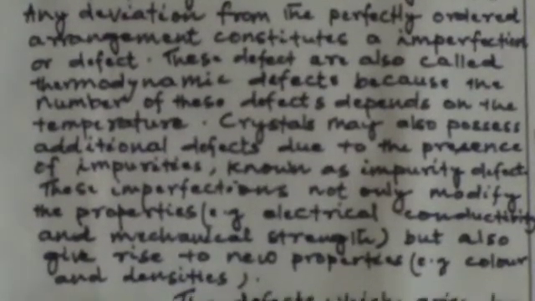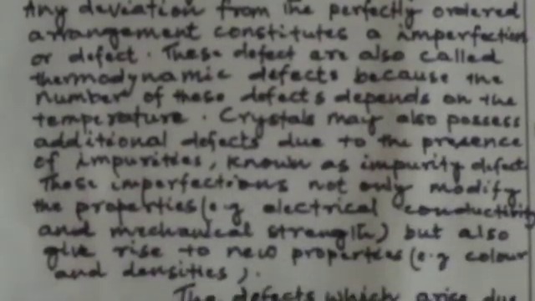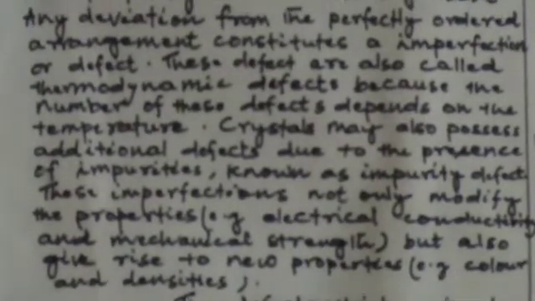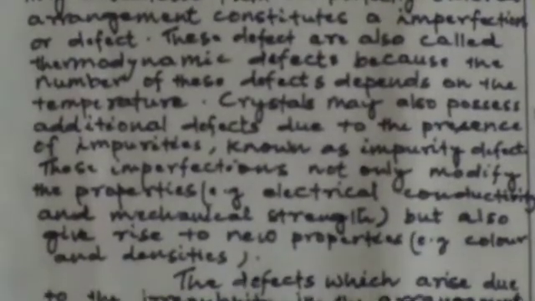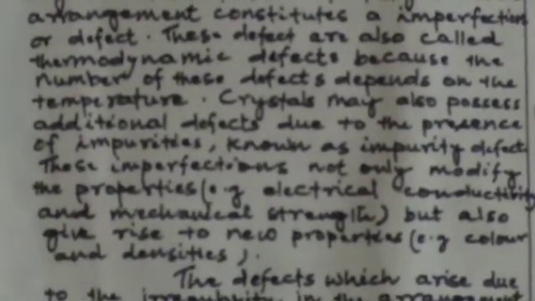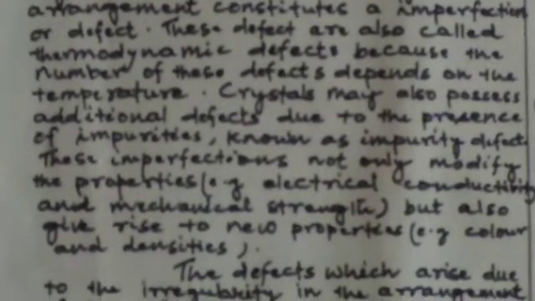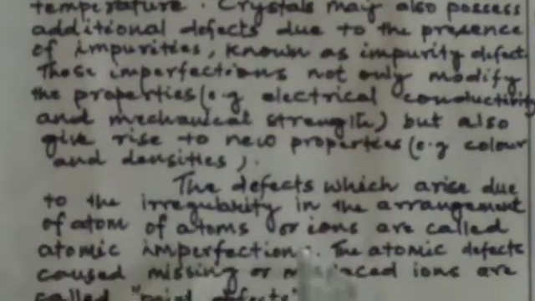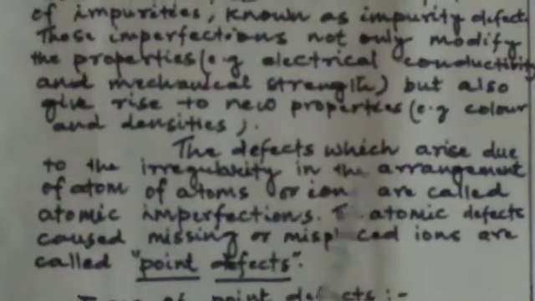Thus, the defects which arise due to irregularity in the arrangement of atoms or ions are called atomic imperfections, and the atomic imperfection caused either by missing of particles from their normal lattice sites or displacement of particles from their normal lattice site into the void is called point defect.